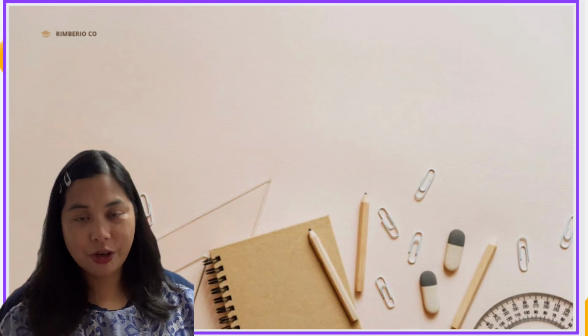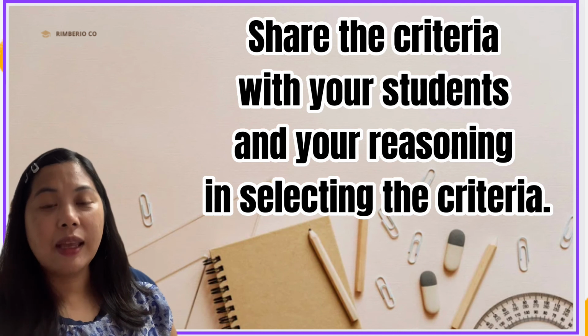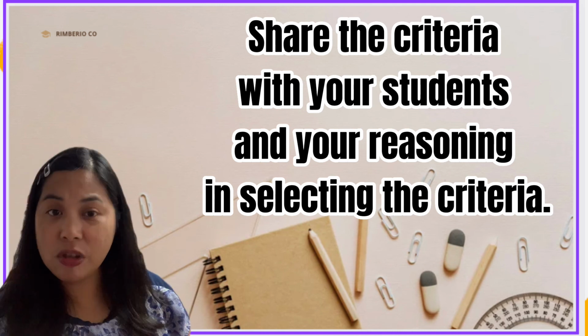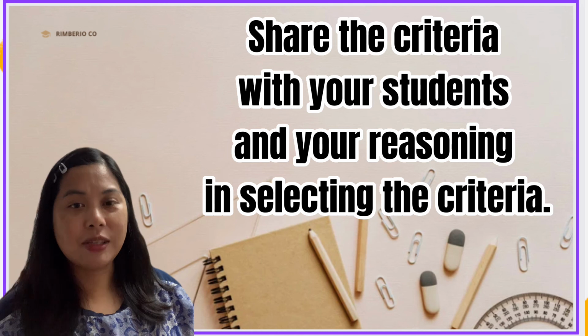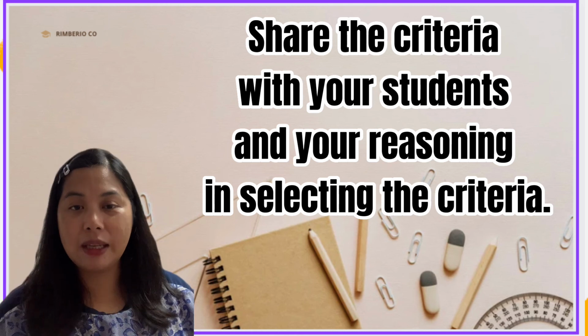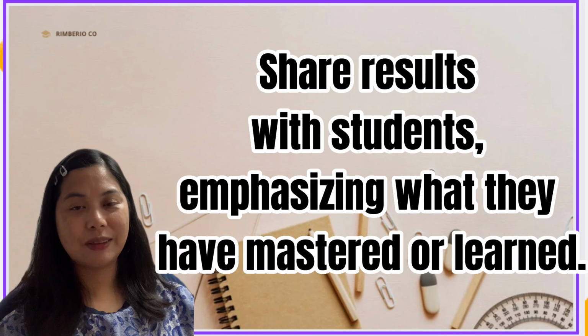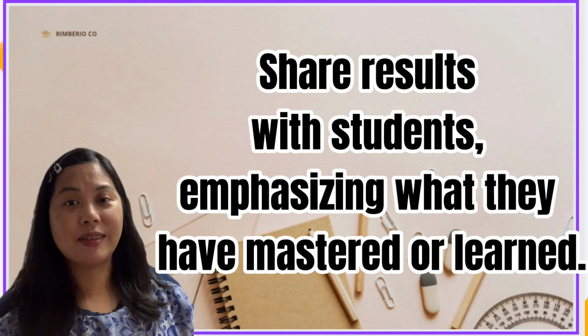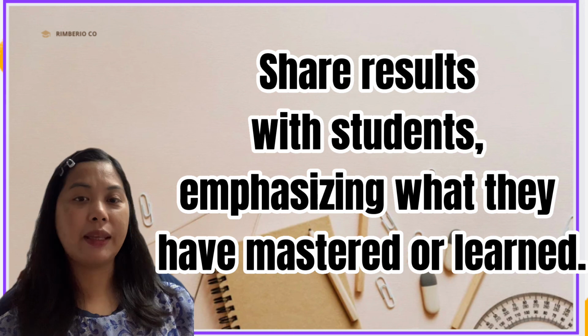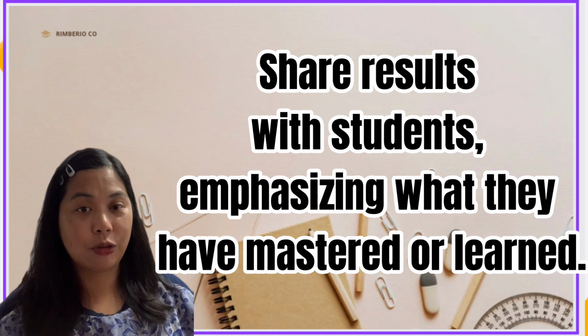Third, share the criteria with your students and your reasoning in selecting the criteria, meaning consider student involvement in criteria selection. And fourth, share results with students, emphasizing what they have mastered or learned.